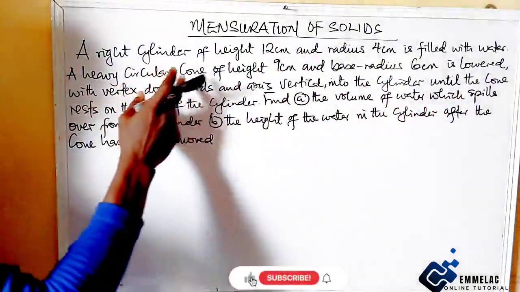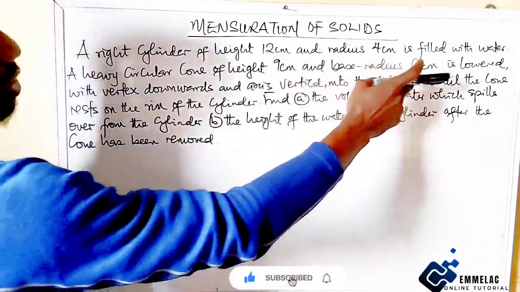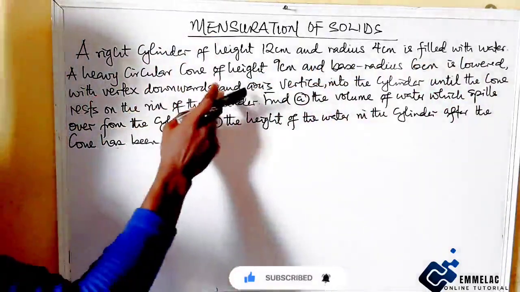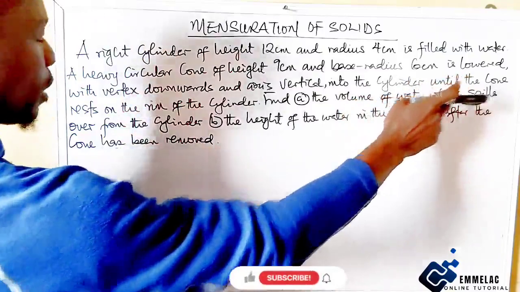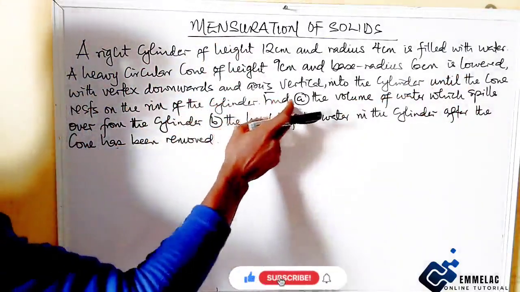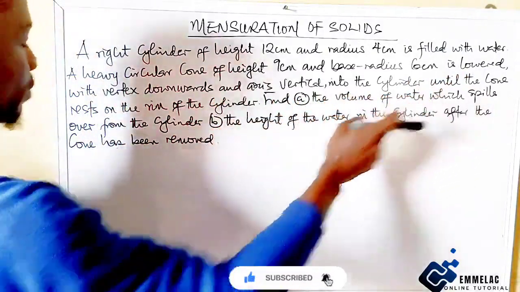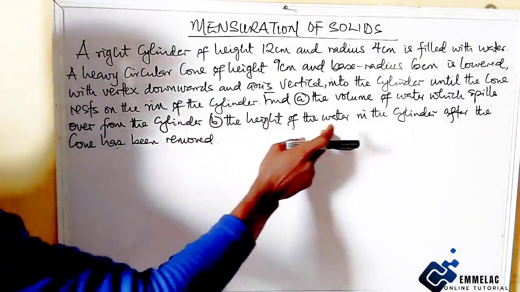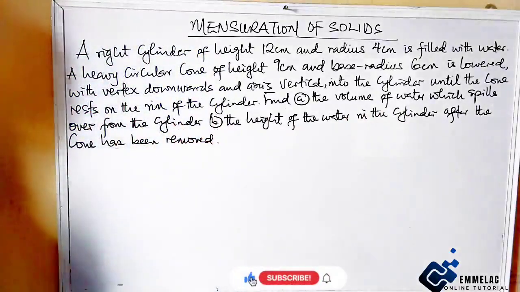Now a heavy circular cone of height 9 centimeter and a base radius 6 centimeter is lowered with vertex downwards and axis vertical into the cylinder until the cone rests on the rim of the cylinder. Find A. The volume of water which spills over from the cylinder, and B. The height of the water in the cylinder after the cone was removed.